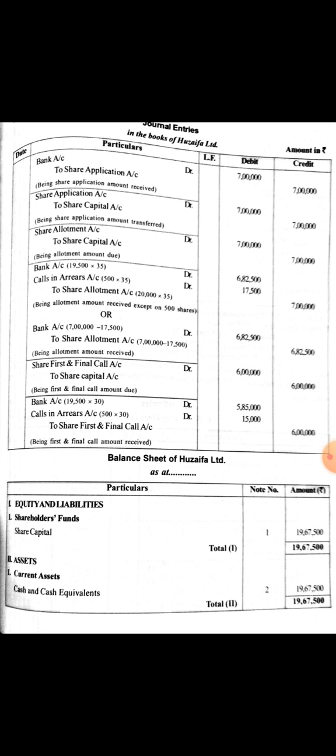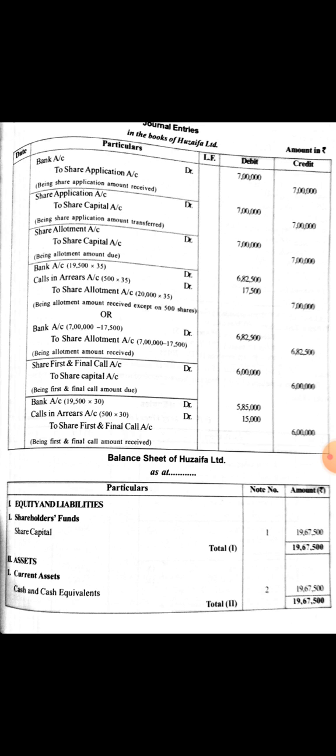Share first and final call account debit to share capital account 6 lakh. Next entry, on receipt of first call, bank account debit, calls in arrear account debit to share first and final call. Amount debited with calls in arrear is rupees 15,000.